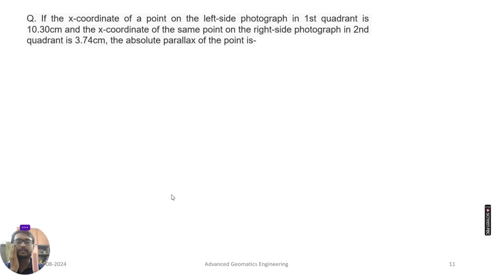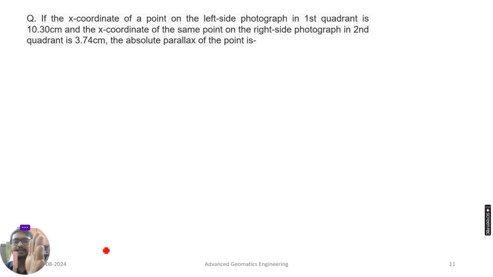If I'm keeping my left eye closed, then I can see this pen in the first quadrant, and it is 10.3 centimeter away from the main axis. Now when I put my hand on my right eye, what I'm seeing is the pen at 3.74 centimeter in the second quadrant, from the center line.